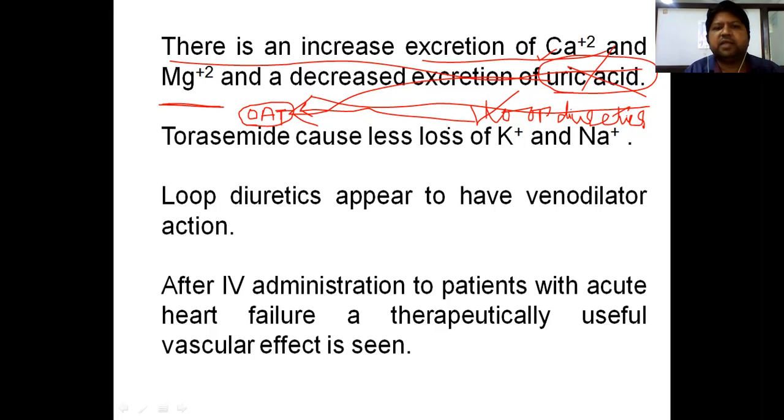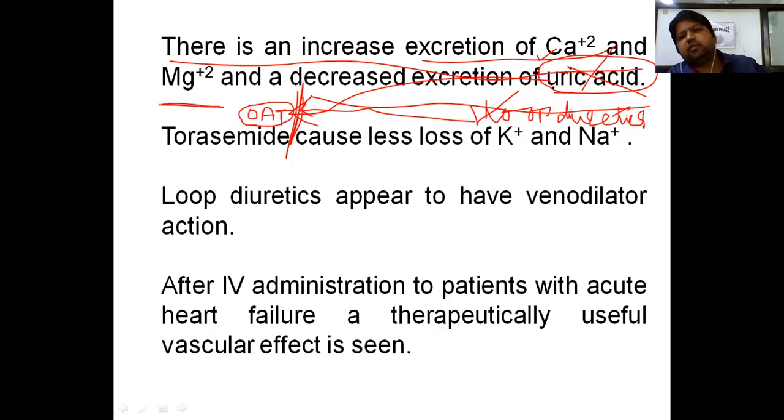So with this competition, loop diuretics, by preventing uric acid from binding with this organic acid transporter, will not allow the uric acid to go out of the kidney. Thereby there is decreased excretion of uric acid.